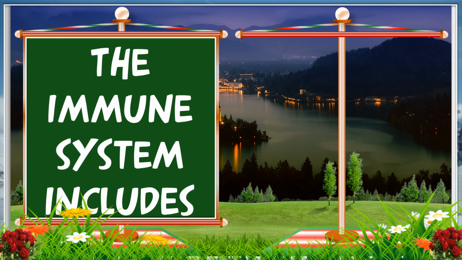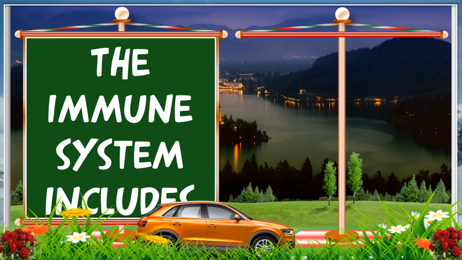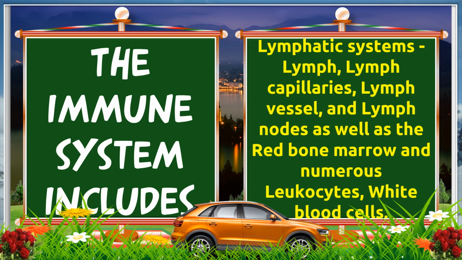The immune system includes lymphatic system, which includes the lymph capillaries, lymph vessels, and lymph nodes, as well as the red bone marrow and numerous leukocytes, white blood cells.